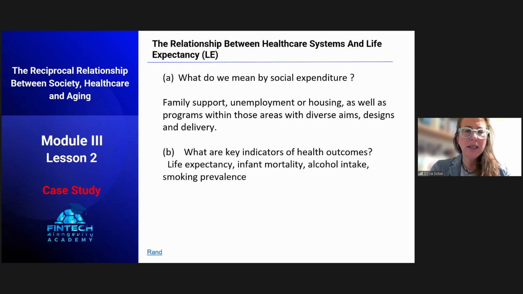And what do we mean by health outcomes? The key indicators for health outcomes are life expectancy, infant mortality, alcohol intake, and smoking prevalence. One of the most important health outcomes is, of course, life expectancy.